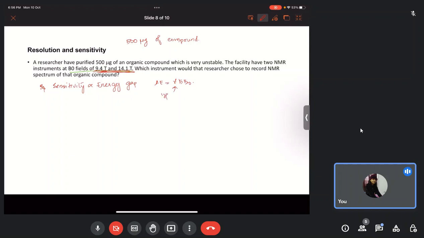The gyromagnetic ratio is the property of a nucleus, and it is not going to change depending upon the B0 field. From this equation, we can say that delta E is directly proportional to B0. So as we go higher and higher in B0, you see a better sensitivity for that particular organic compound, right?